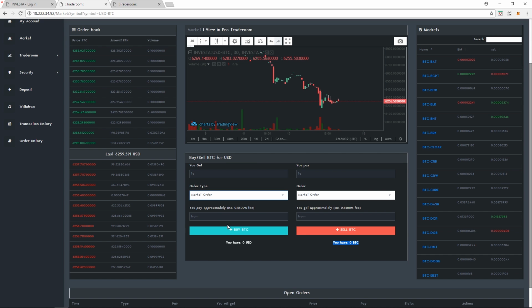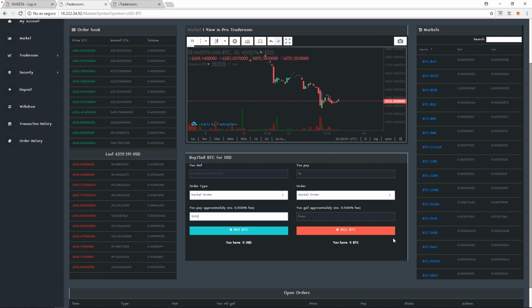Market orders are pretty straightforward. The price is already given by the market. So you have $1,000. That'll give you 0.15881 Bitcoin. If you click buy BTC, you'll get it in your wallet immediately.